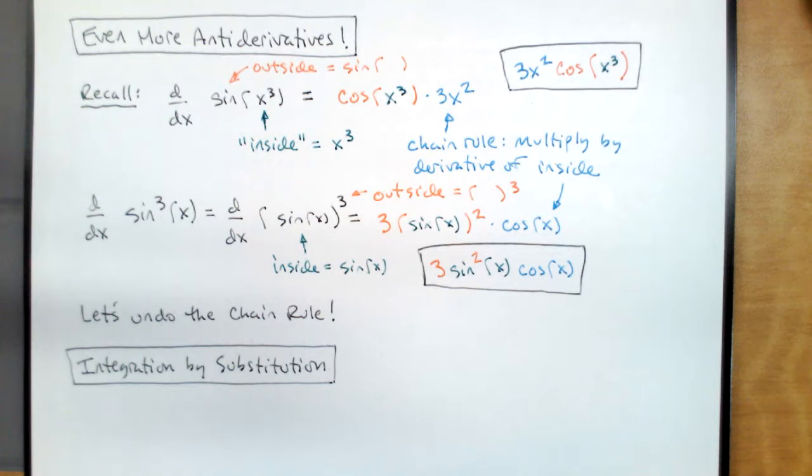Integration by substitution is a technique we'll employ when we look at a derivative and say, this derivative was found with the chain rule. So I'm going to use substitution to undo what happened.